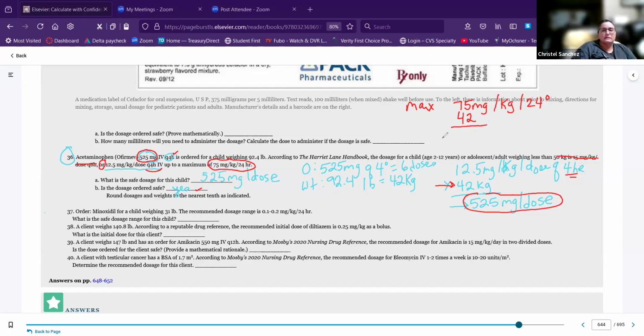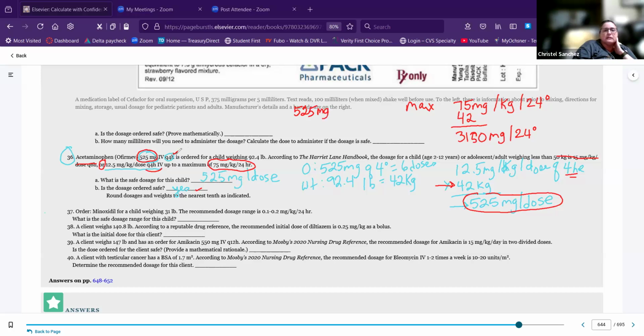Okay, and that's gonna give me the max amount of Tylenol that this patient can have a day. 75 times 42 is 3150 milligrams per 24 hours. Now, for your patient, how much are they getting? They're getting 525 milligrams.